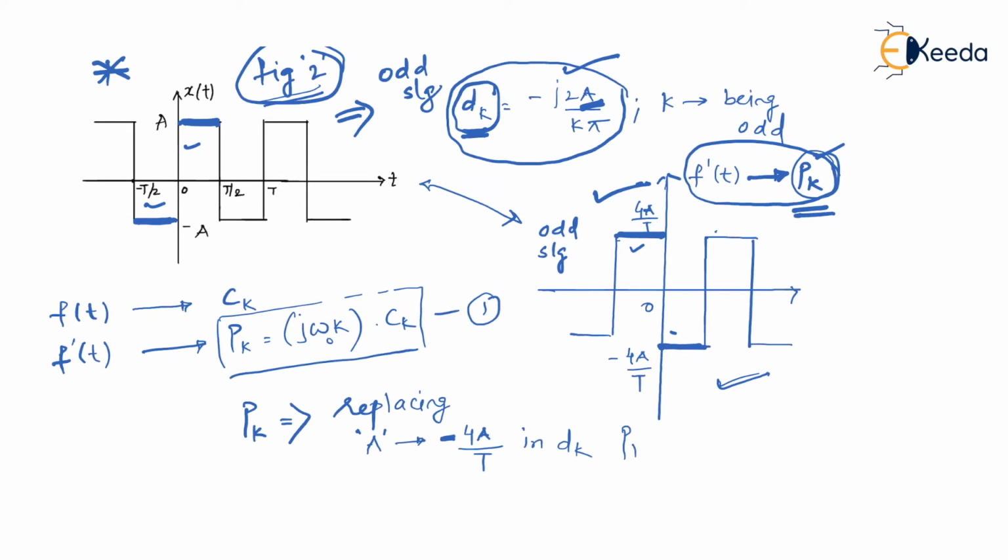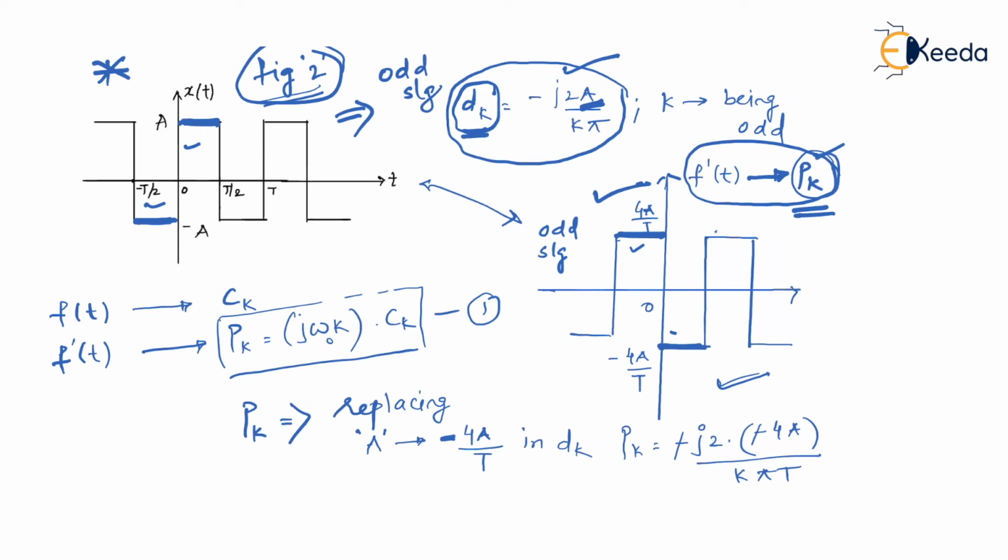So the value of pk is equal to, in dk we are replacing a with minus 4a by T, therefore it becomes minus j times minus 4a by k pi T over here. This negative negative will cancel each other.